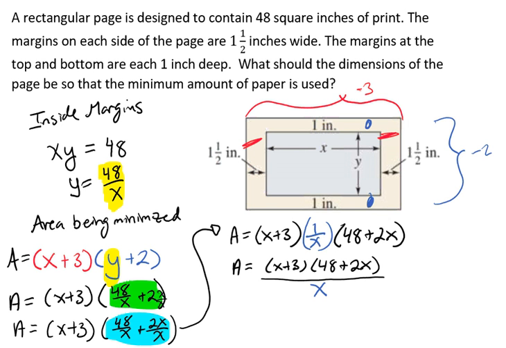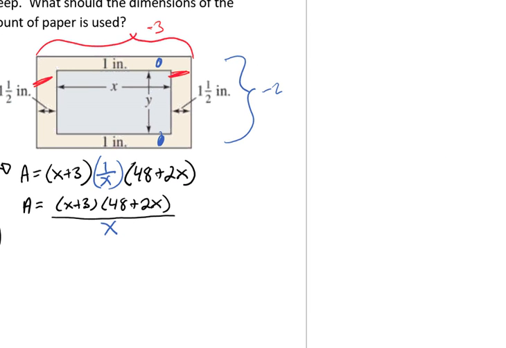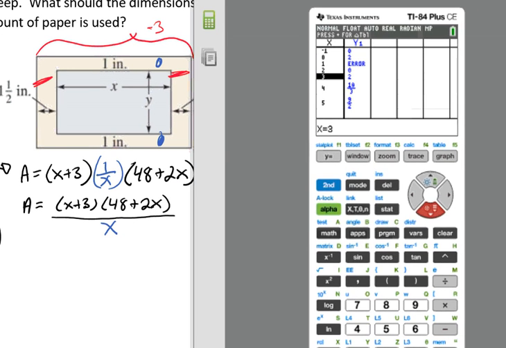Now from here, we want to use our graphing calculator. So let's go ahead and move this over so we have some room. So we have our equation right there, and we'll pull up our graphing calculator.